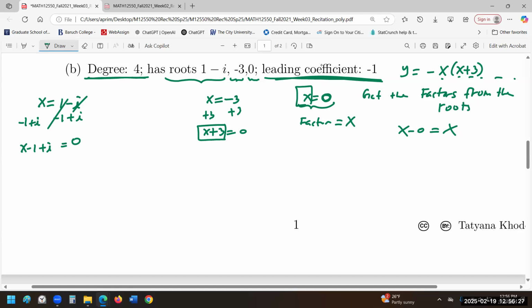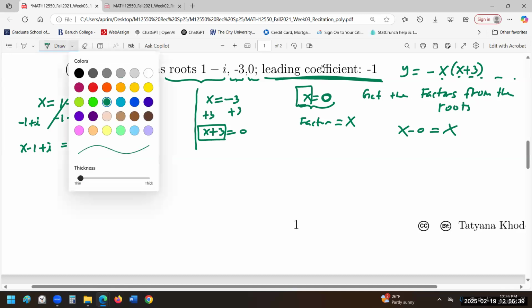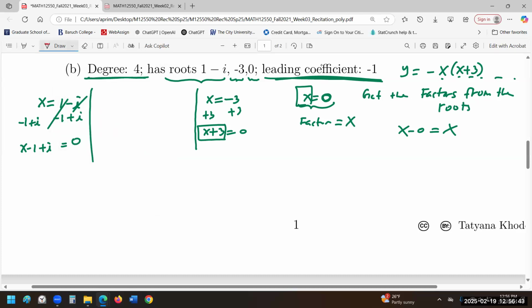So the first root is an imaginary root, and every imaginary root actually cannot live alone. Even though they gave us only one imaginary root, in reality we have another one, which they did not give us. But we know it has to be there.